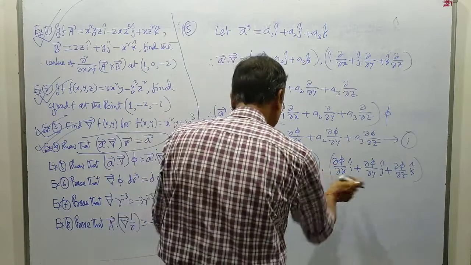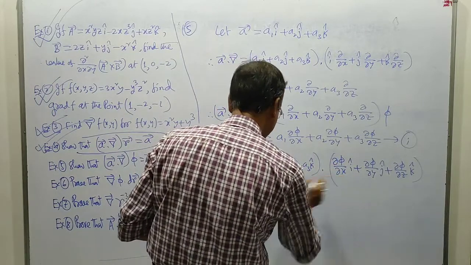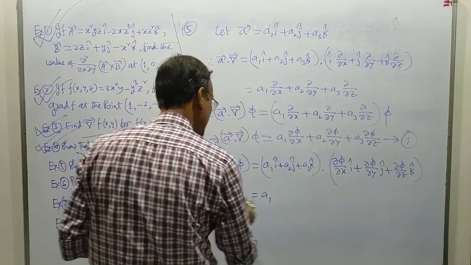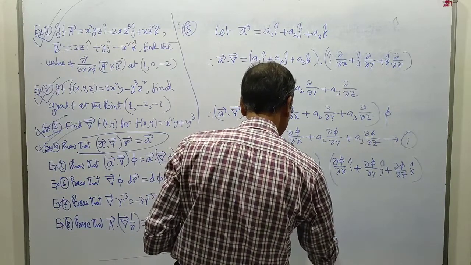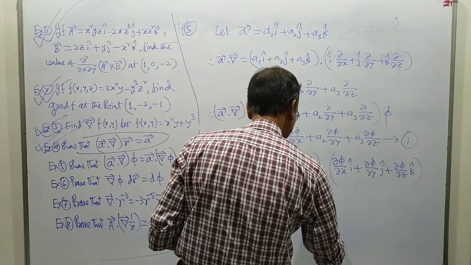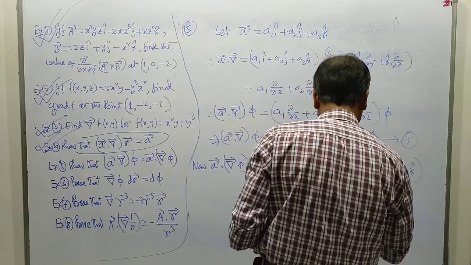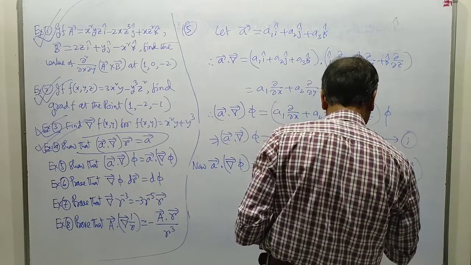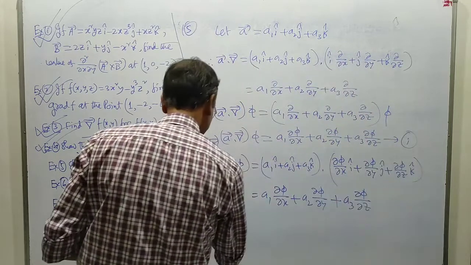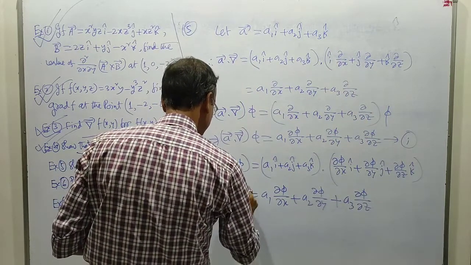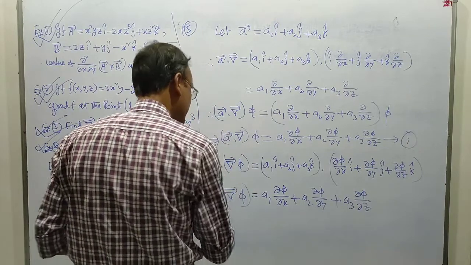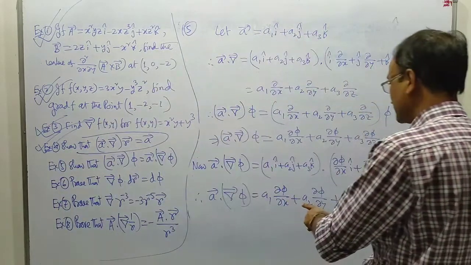Now the dot product gives a1 ∂phi/∂x plus a2 ∂phi/∂y plus a3 ∂phi/∂z. Suppose this is number 2.